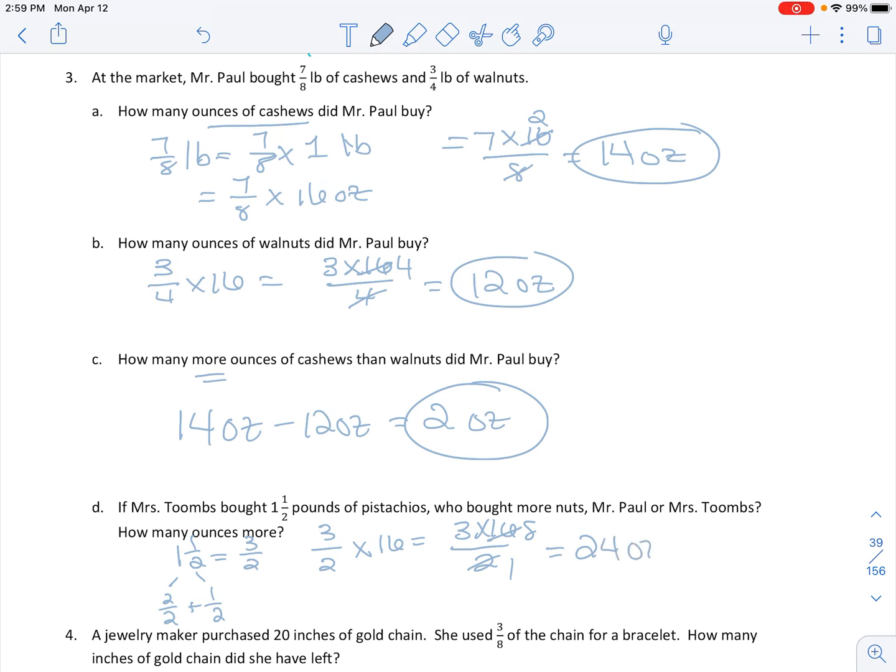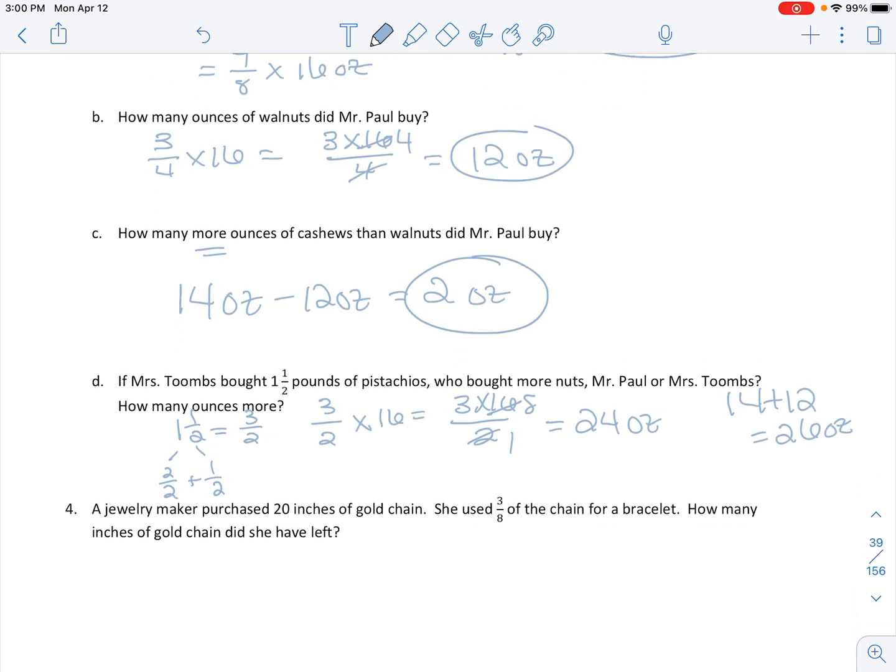So she bought 24 ounces total. Mr. Paul bought 14 plus 12 altogether. And that equals 26 ounces. So it says, who bought more? Well, Mr. Paul. And then how many more? Well, he bought 2 ounces more because I did 26 minus 24.